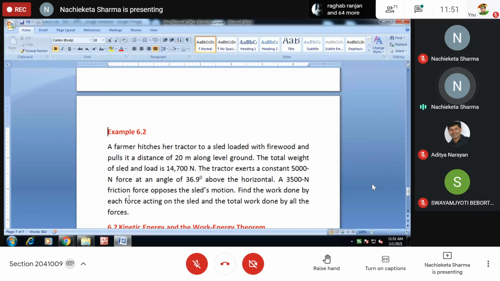The tractor exerts a constant 5,000 Newton force at an angle of 36.9 degrees above the horizontal. A 3,500 Newton frictional force opposes the sled's motion. Find the work done by each force acting on the sled and the total work done by all the forces. Have you taken the screenshot of this question?